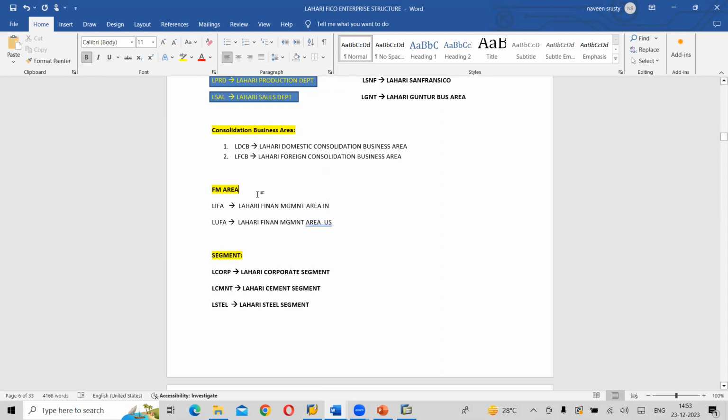Next one, we have financial management areas, right? So we have two financial management areas. One is for India and one is for US. So you can write it as LIFA, Lahari financial management area for India.